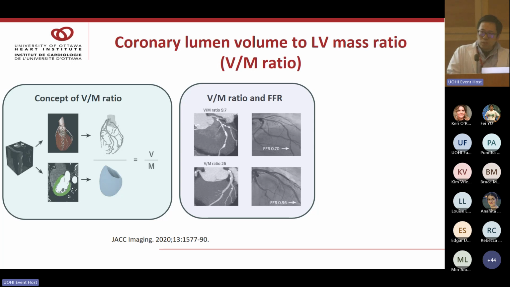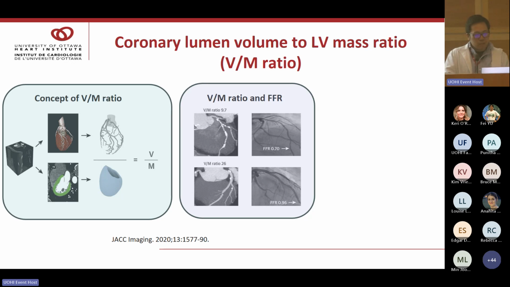In addition to CT perfusion, there is another potential CT parameter to assess CMD, the ratio of coronary lumen volume to LV mass, the so-called VM ratio. The coronary lumen volume and LV mass can be estimated by using post-processing software.